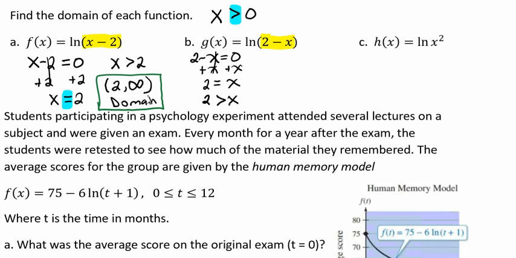Another way to look at this is if we had subtracted 2 from both sides, we would have had negative x equals negative 2, and divided by a negative 1, which would have given us x is equal to positive 2. And then when we went to put in our greater than symbol with our 2, we would have to change it because we divided by that negative 1. That's why we would have x is less than 2.